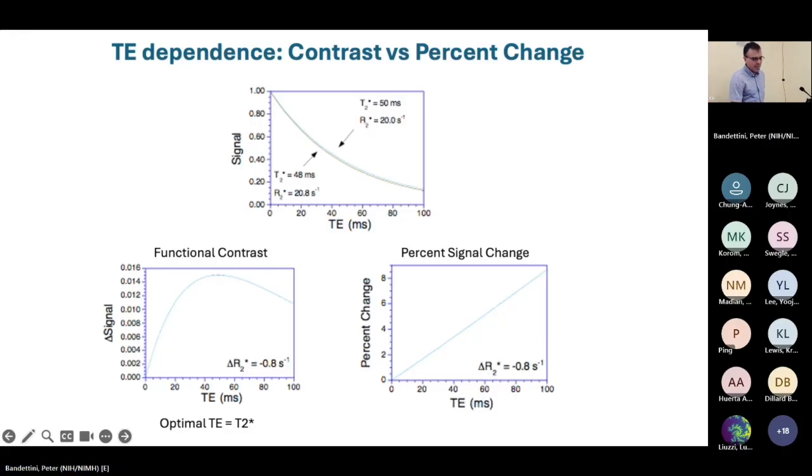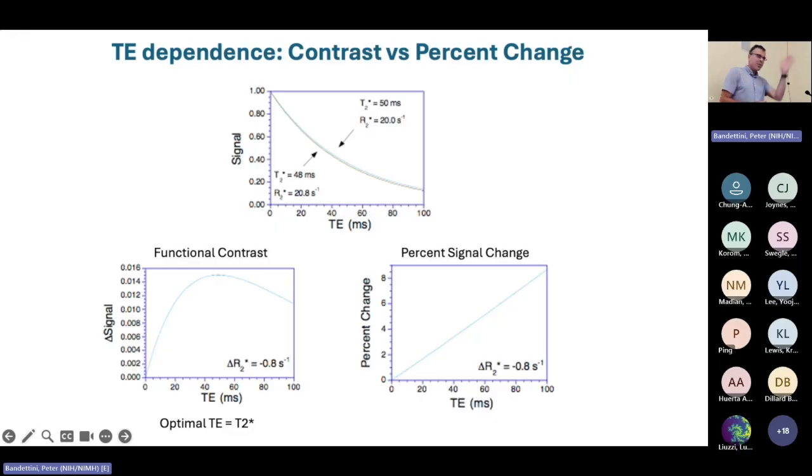However, if you take these two exponentials and subtract them, you find that the difference in the two exponentials peaks at about where the TE, the echo time, equals the T2 star. So this is actually the echo time.